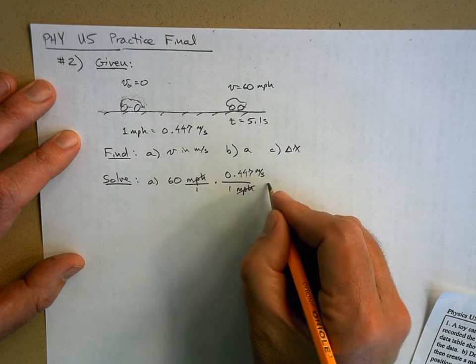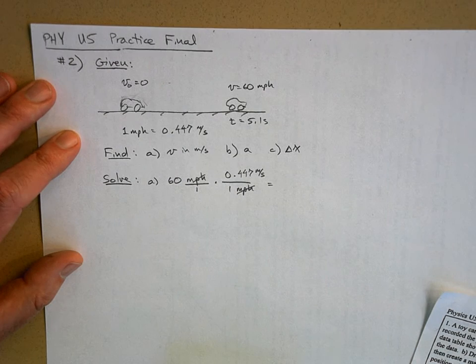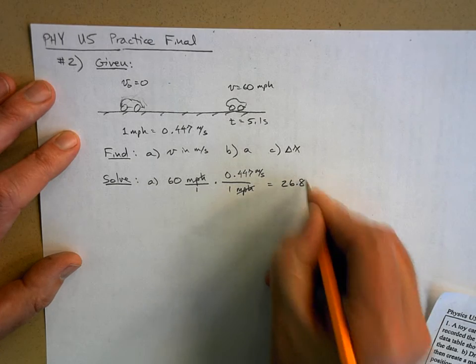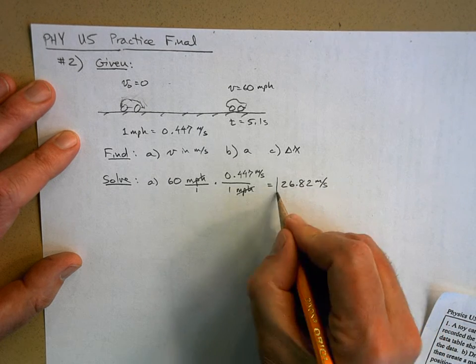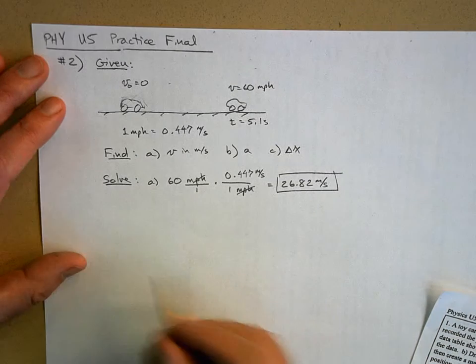So that cancels that. And when you do the arithmetic, 60 times 0.447 equals 26.82. I'll just leave it like that. That's too many significant figures, but that's all right.